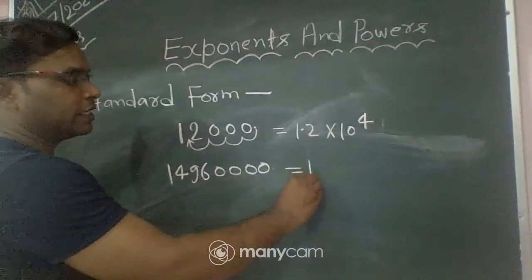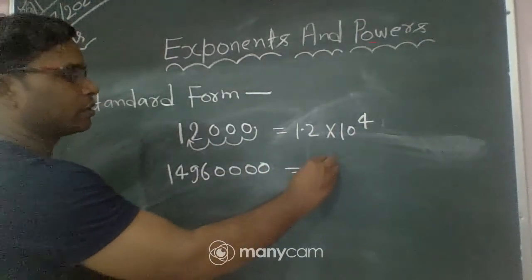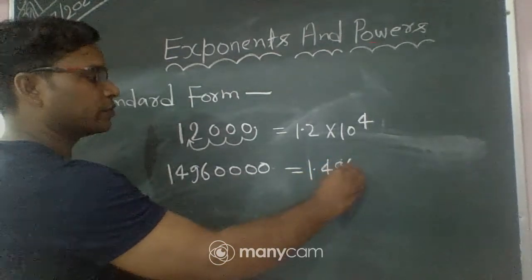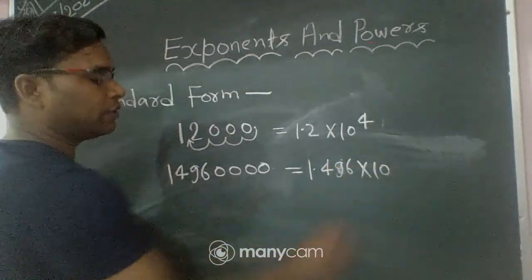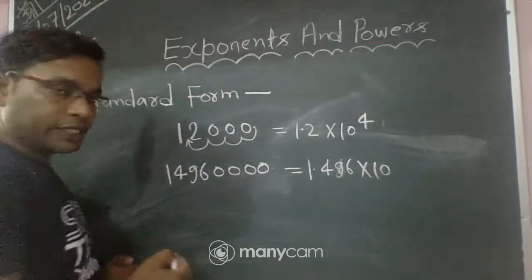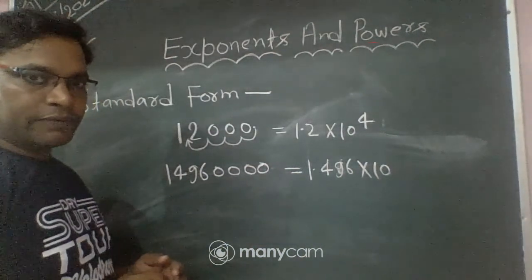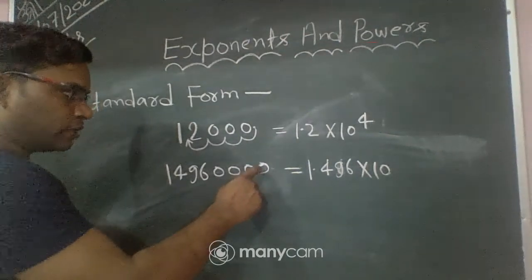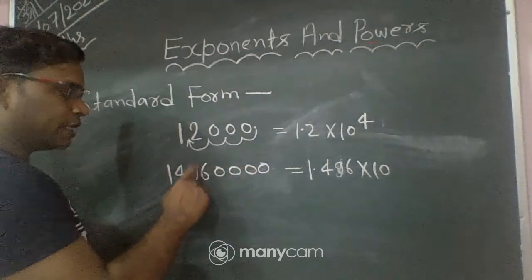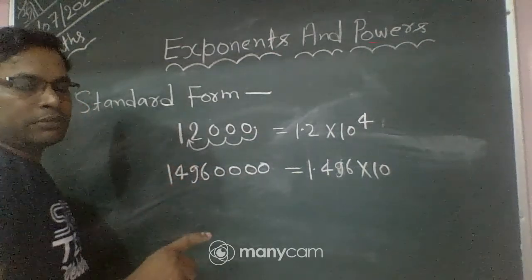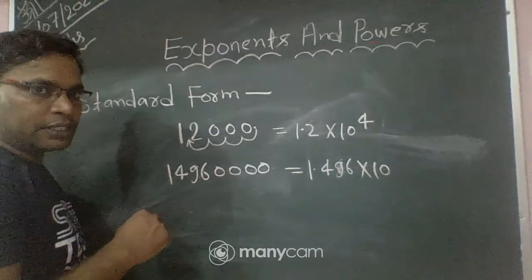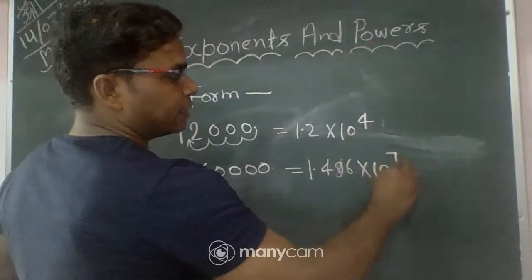So here you can write 1.496 into 10 power. What is the 10 power? The number of digits moved by the decimal point: 1, 2, 3, 4, 5, 6, 7. So the decimal point moved left by 7 digits, and you can write 7 here.